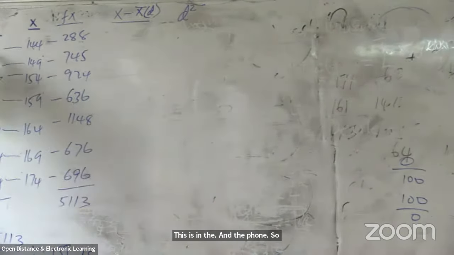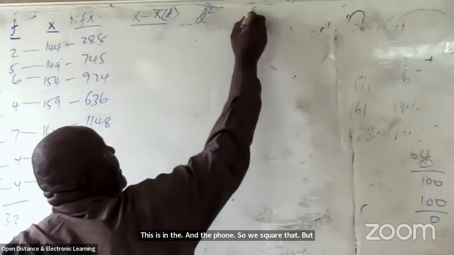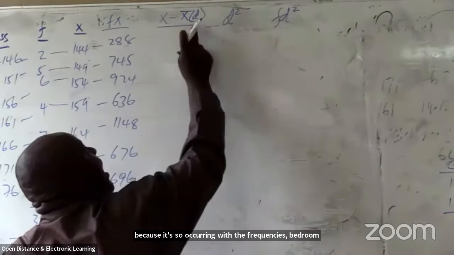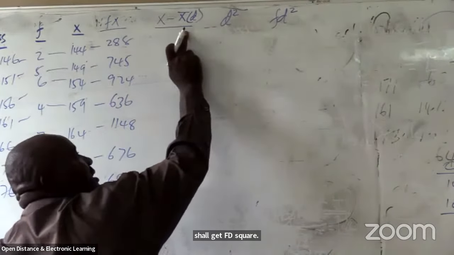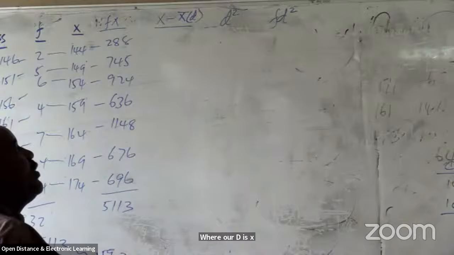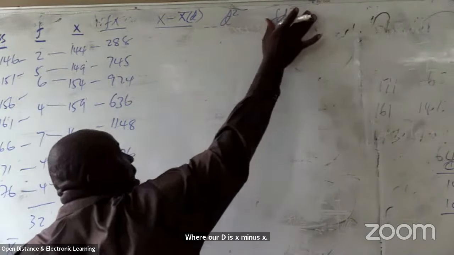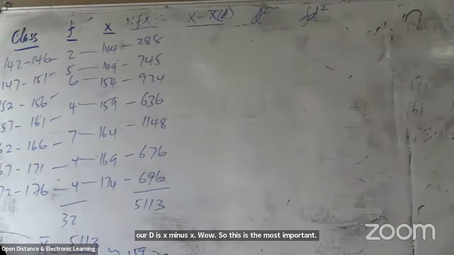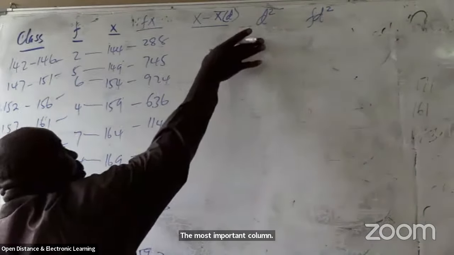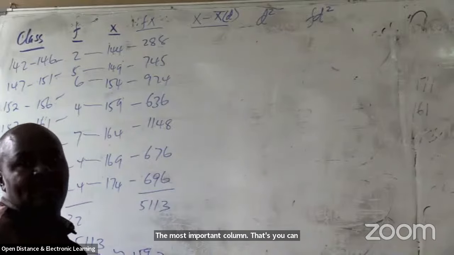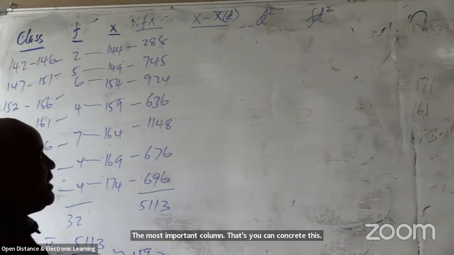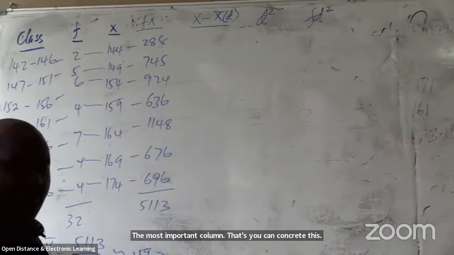But because it's occurring with frequencies, we shall get FD squared, where our D is x minus x bar. So this is the most important column. You can complete this at your free time and see if you get the following.